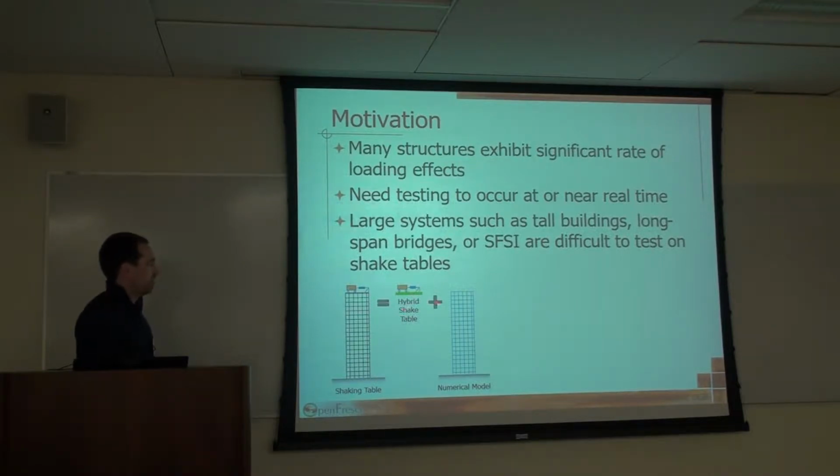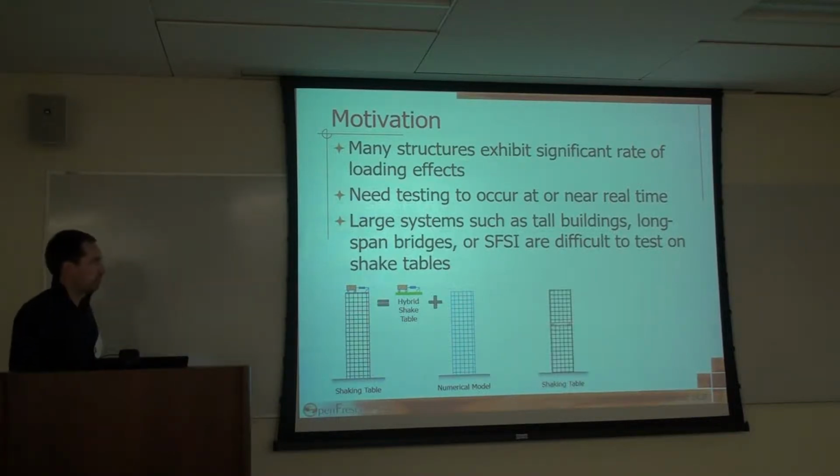And then basically what we have to do is analyze the numerical tall building, figure out what the roof response is in real time, and feed that roof response into our shake table, which then shakes the tuned mass damper. We measure the forces and feed them back into our numerical analysis.